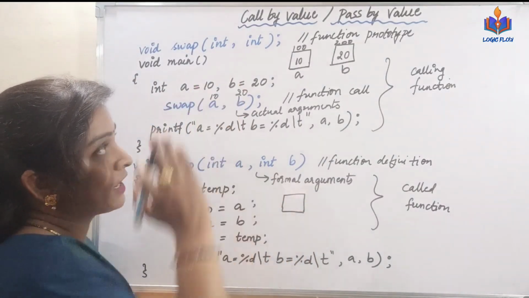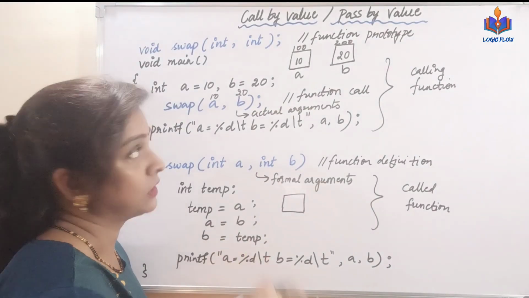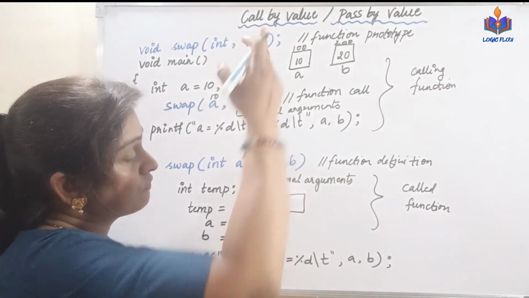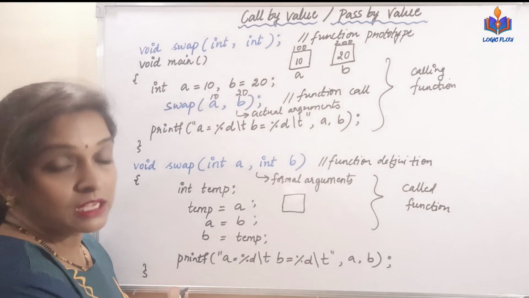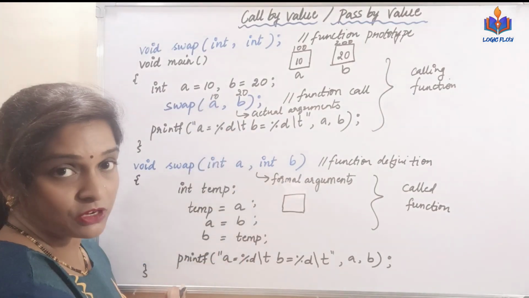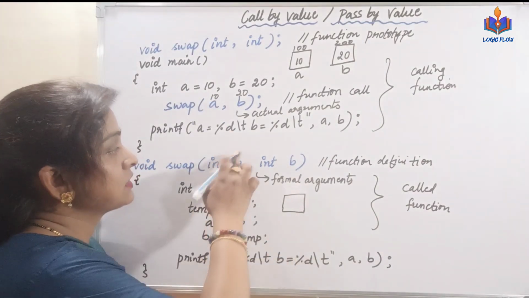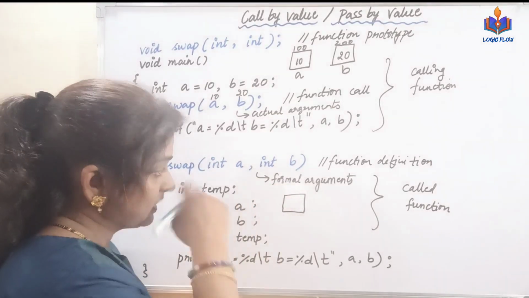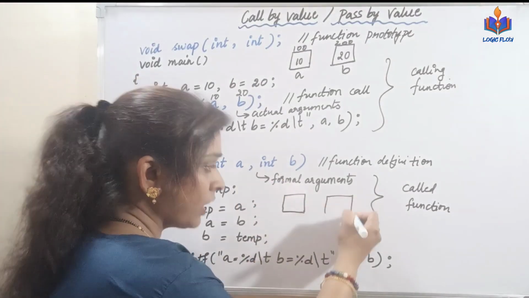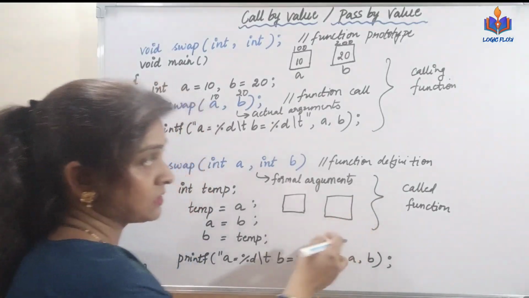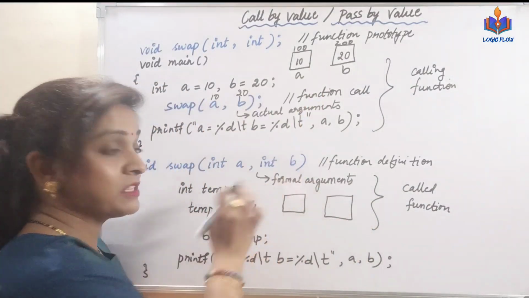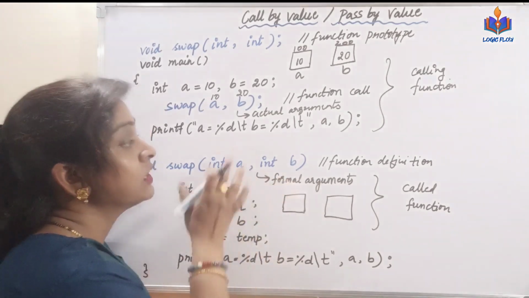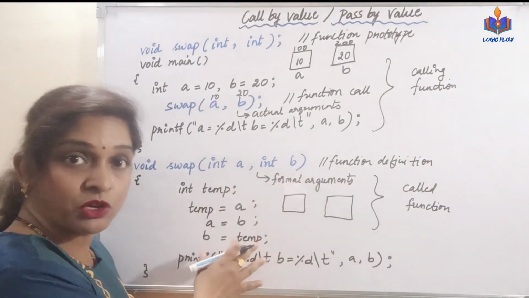They are nowhere related to A and B of the main function. If you get confused, you can just have the variable names as X and Y, or some other names. I just gave A and B to make you understand that A and B are different here and different there. That's why I have used the same variable names here also.